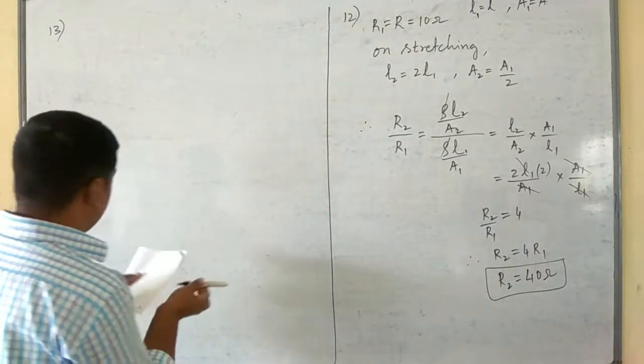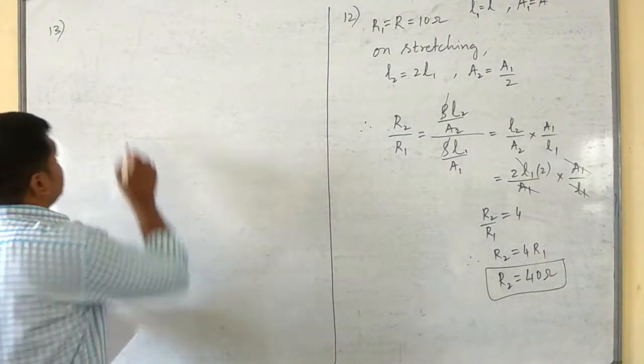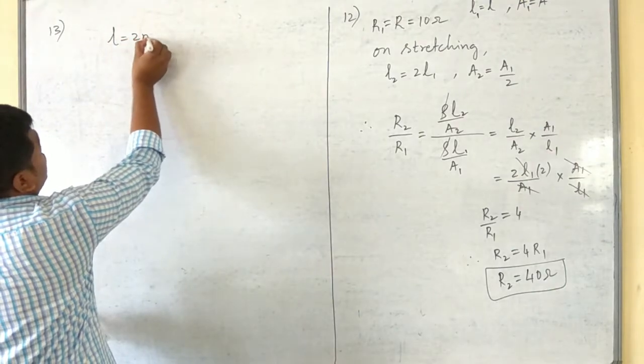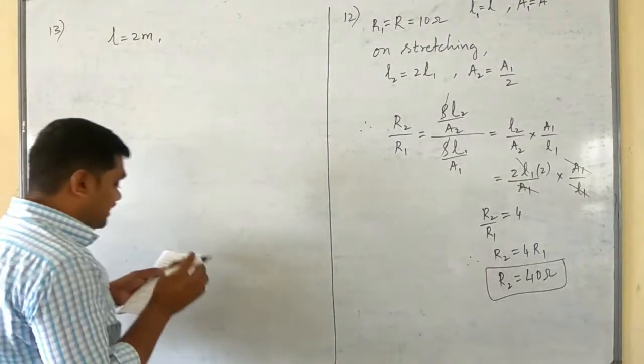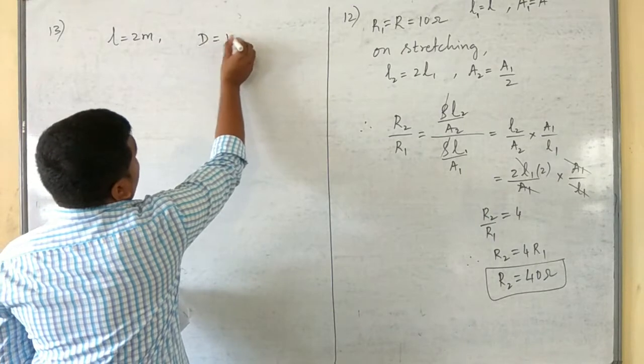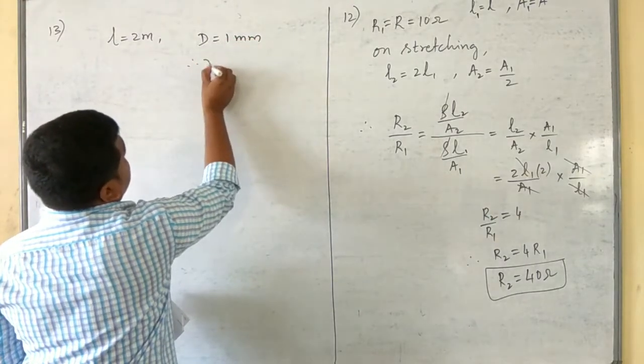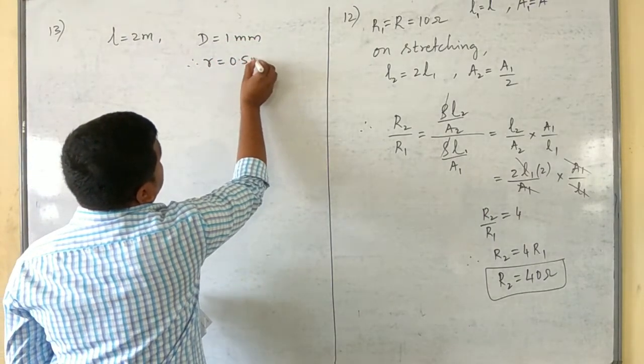Okay. A wire having length L is equal to 2 meter, diameter 1 millimeter, therefore its radius will become 0.5 millimeter.